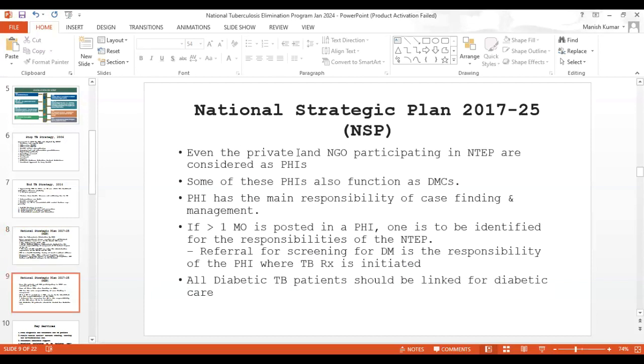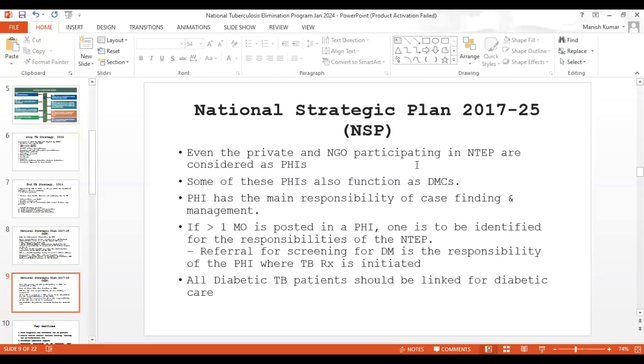Even private clinics and NGO participation are included: private registered practitioners, and at some places NGOs running clinics. If they are registered under NTEP in those areas, they will be considered peripheral health institutes. Some of these PHCs also function as designated microscopy centers.